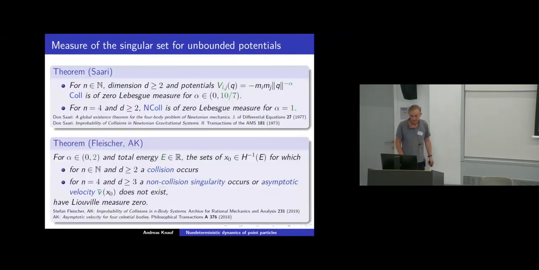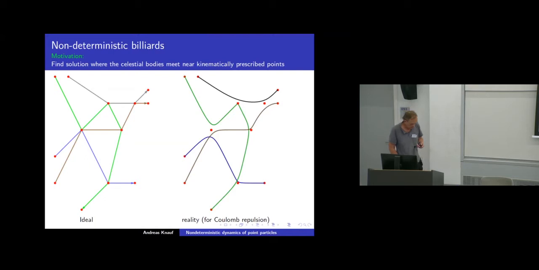In fact, one can also ask this question in situations where you don't have any singularities. First, look at this left-hand picture. You have here in configuration space some trajectories of particles with different color codes, and these particles are billiards, and then they meet these particles at some points and change their direction and so on.